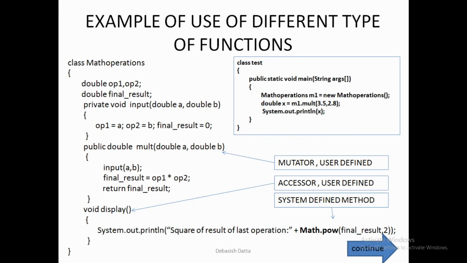In this slide, I have discussed different types of functions available in Java and how they work. Although in the later chapters we will go into the details, this slide will provide an overview of this concept.